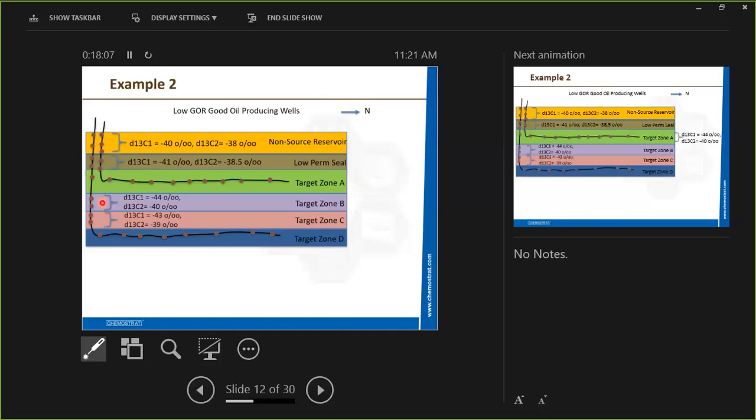Target zone C, that's pretty different from what you have above. If we sort of average out what we have in the lateral here, it's about something like a -44 versus the -40 C2. So there's a pretty sharp contrast between your non-source reservoir and the seal that you might think exists here.